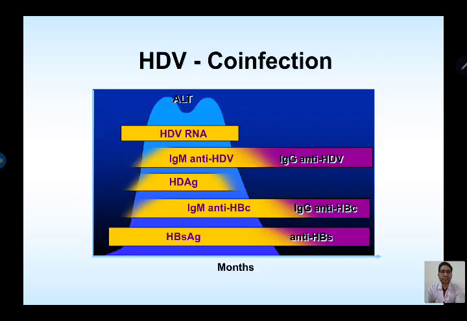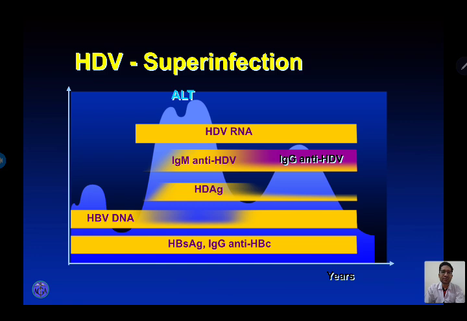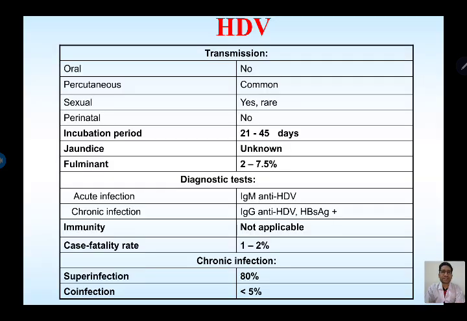Hepatitis D co-infection and hepatitis D superinfection. Transmission: oral is no, percutaneous is common, sexual is rare, perinatal is no. Incubation period is 21 to 45 days. Jaundice is unknown. Fulminant is 2 to 7.5%.